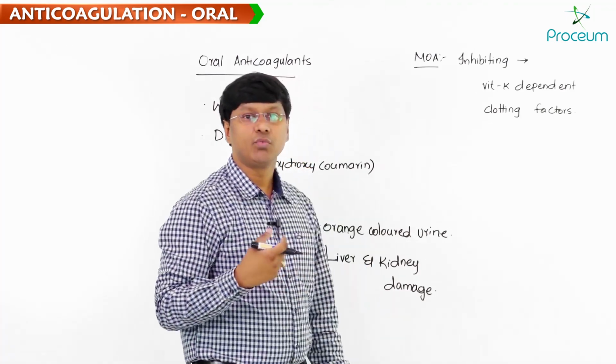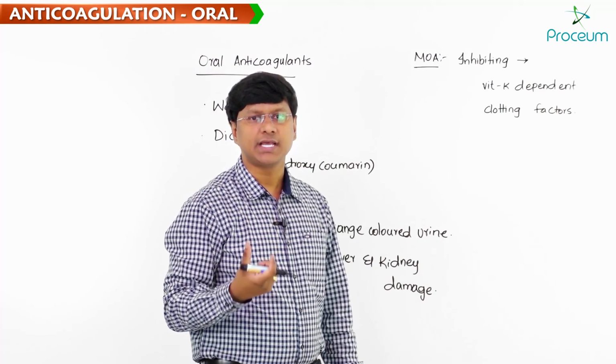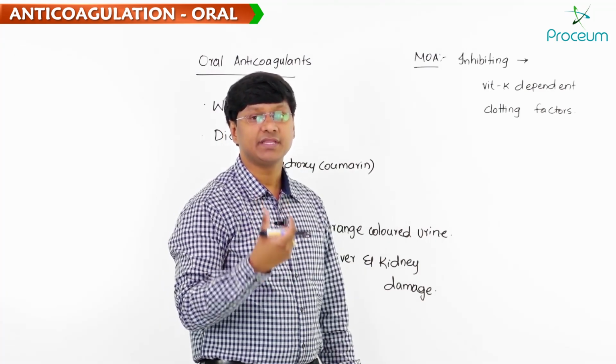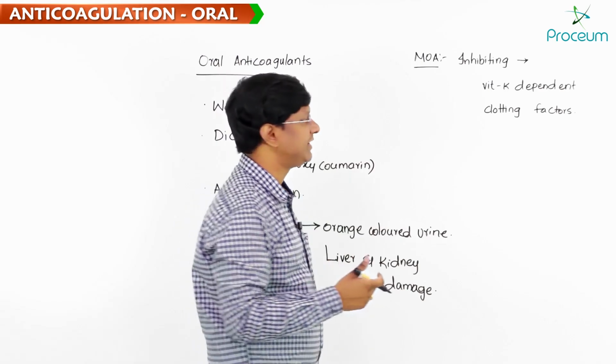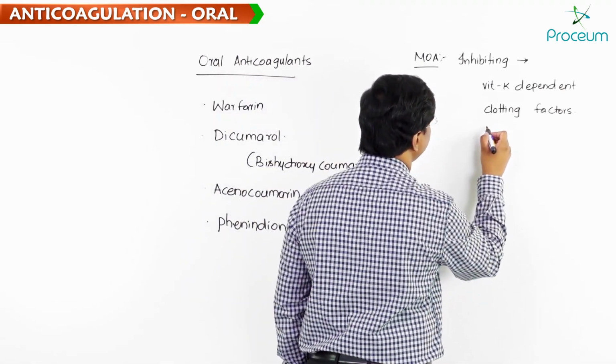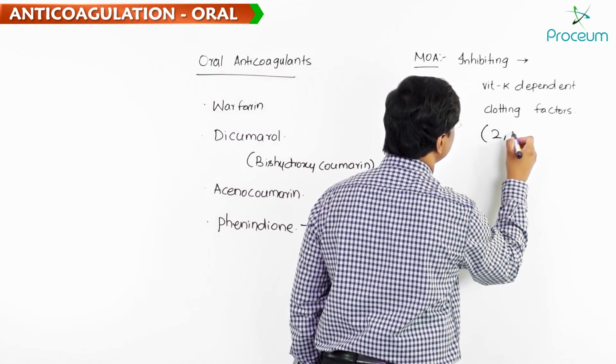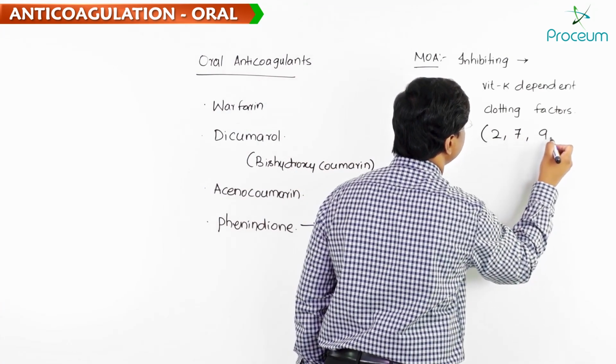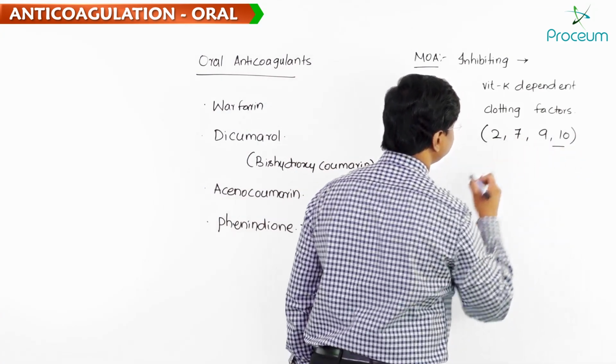Now the question comes, what are the vitamin K dependent clotting factors? They include factor 2, 7, 9 and 10.